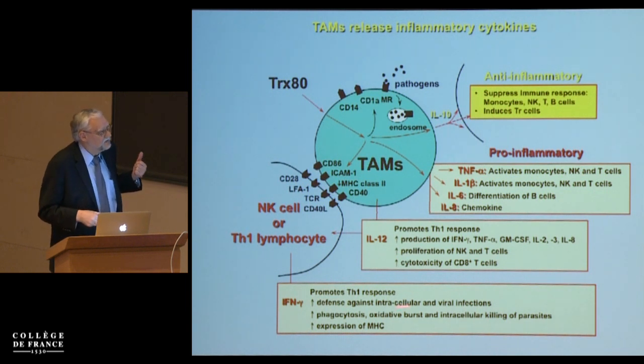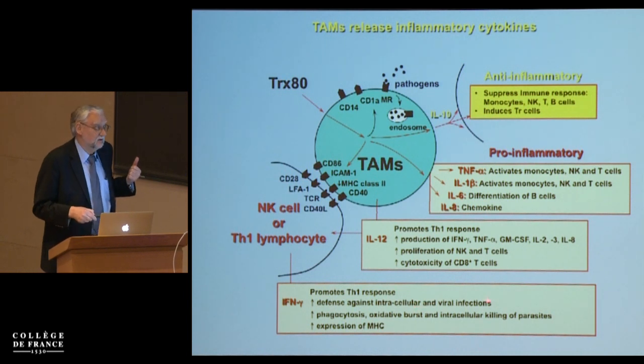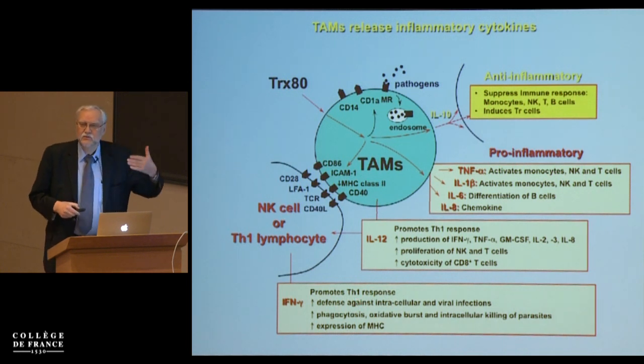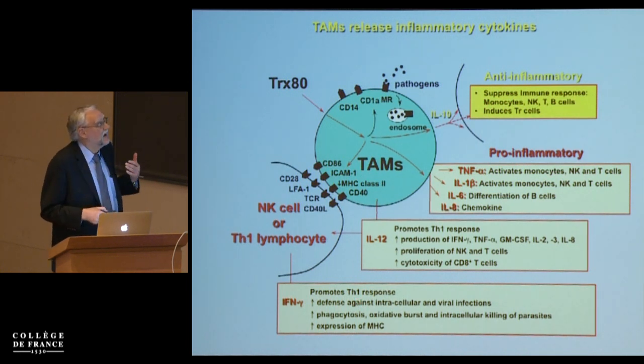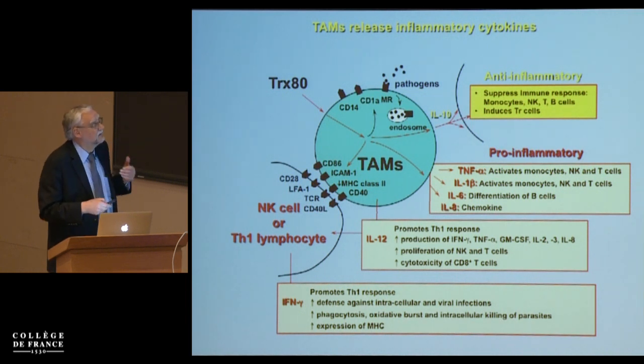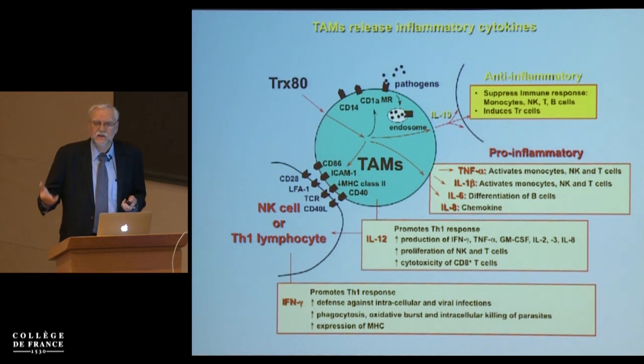And Th1 response is defense against intracellular and viral pathogens, and so on. So it starts an inflammatory reaction. And we have characterized this quite extensively, and we know this. So in the immune system, this is inflammatory, a Th1 system response.